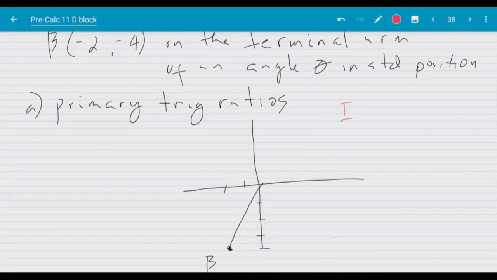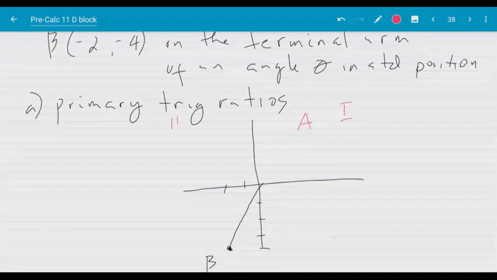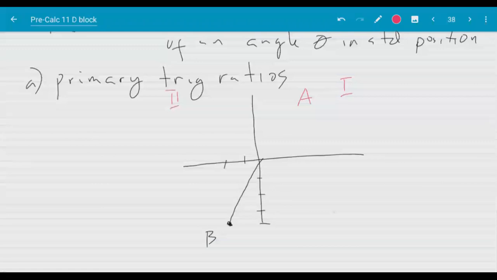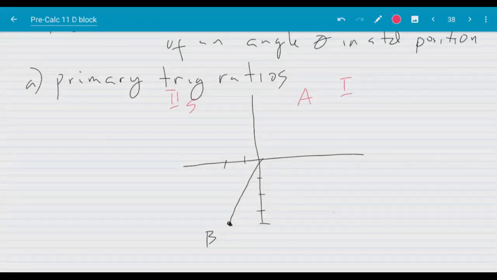According to the CAST rule, I don't know if your math 10 teacher talked about it, I think they did. In quadrant 1, all trig ratios, sine, cosine, tangent, are positive. In quadrant 2, only the sine ratio is positive, which means the cosine and tangent are negative.